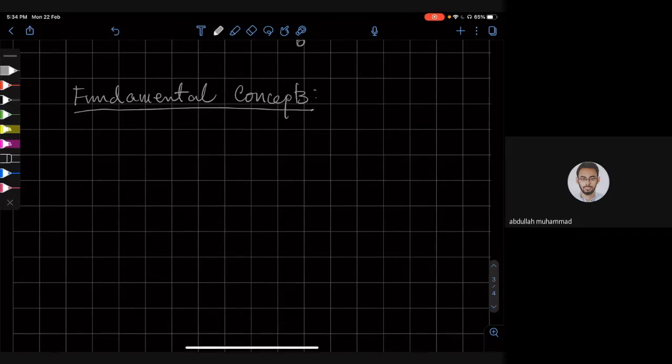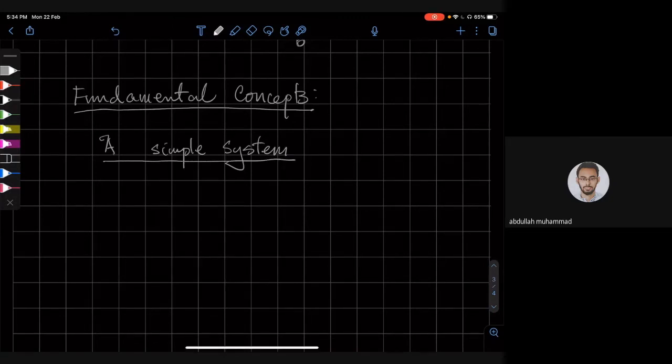Okay, so one of the first fundamental concepts is that of a simple system. So what is a system? A system is basically a subdivision of our universe.